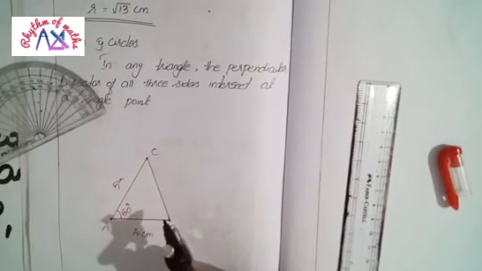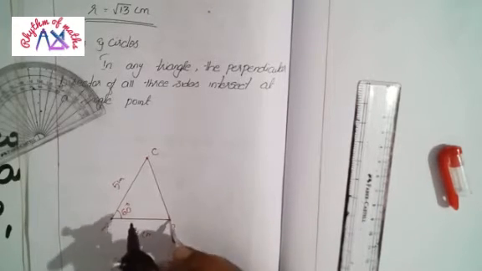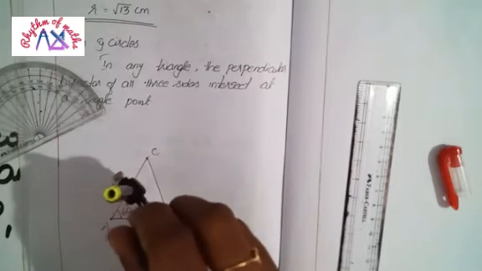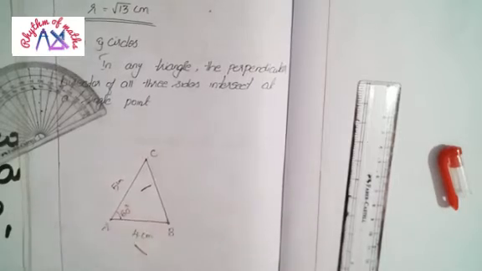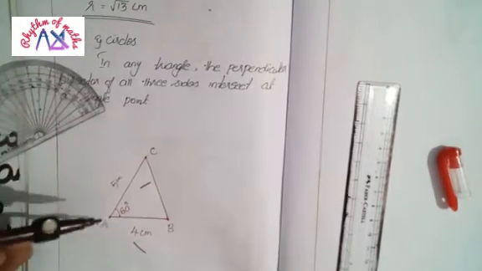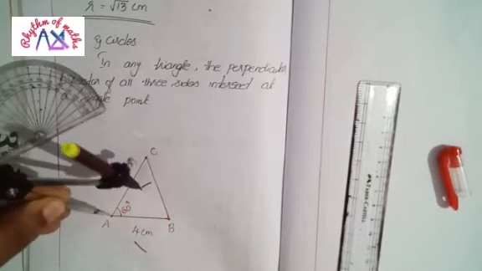First let's draw the perpendicular bisector of line AB. Measure approximately more than half. Then draw one arc on the upper side and one arc on the lower side. Without changing the measurement, draw arcs from the second point like this.